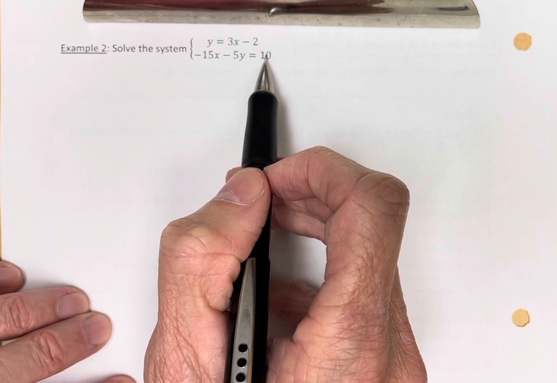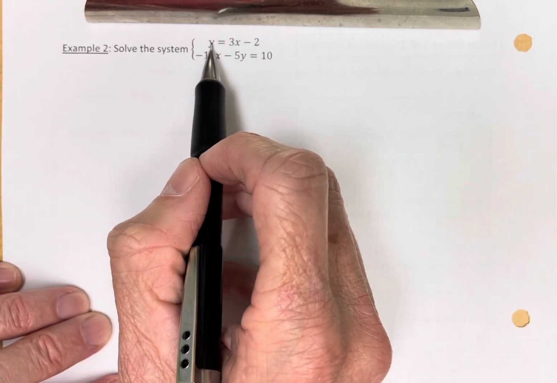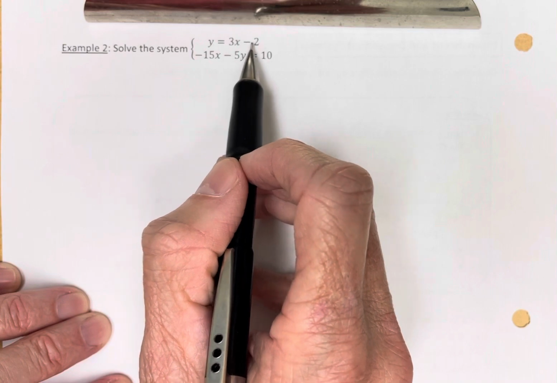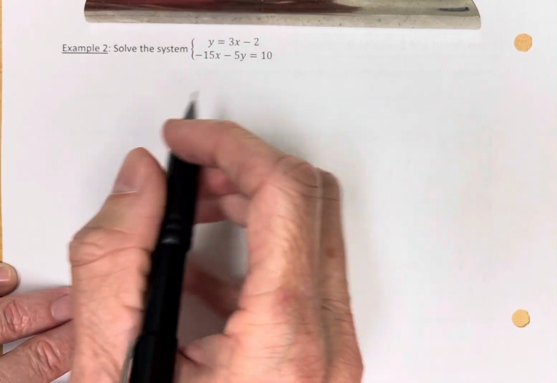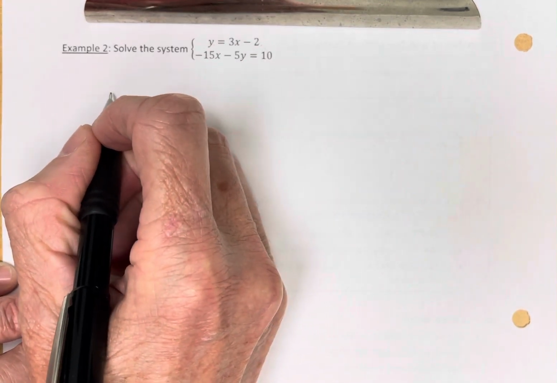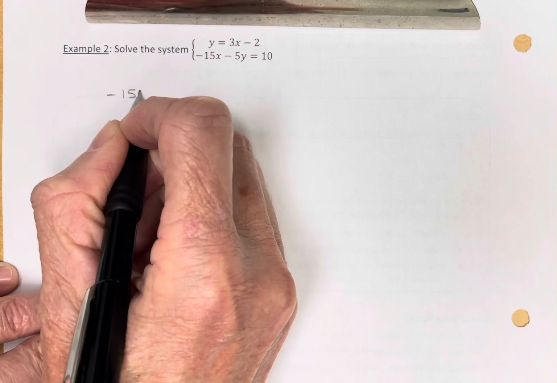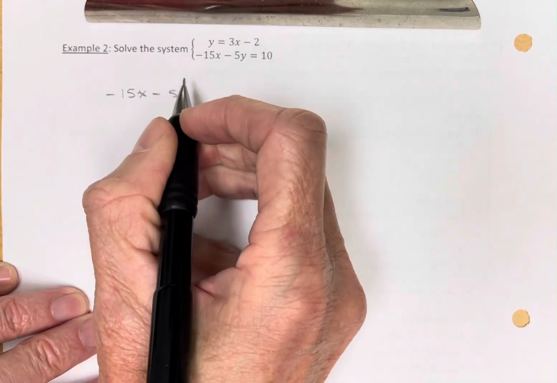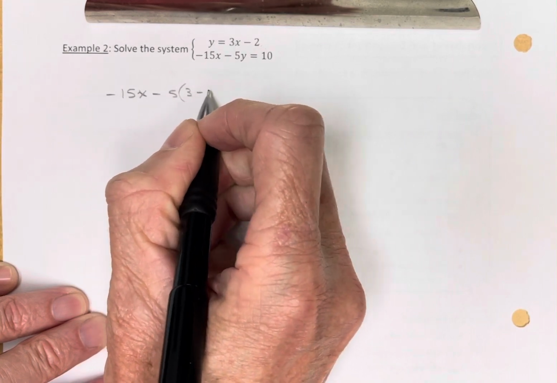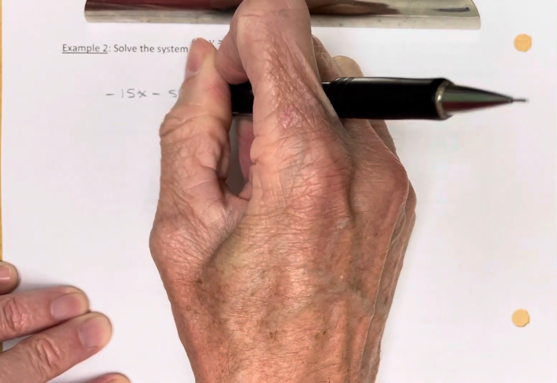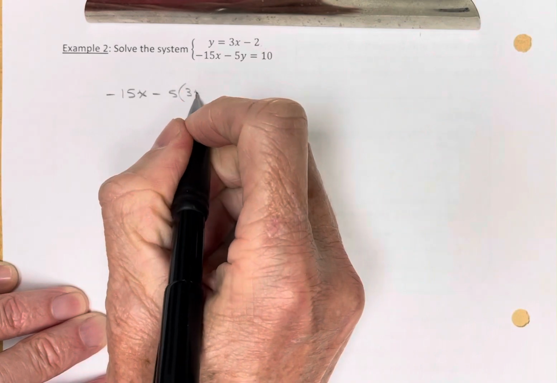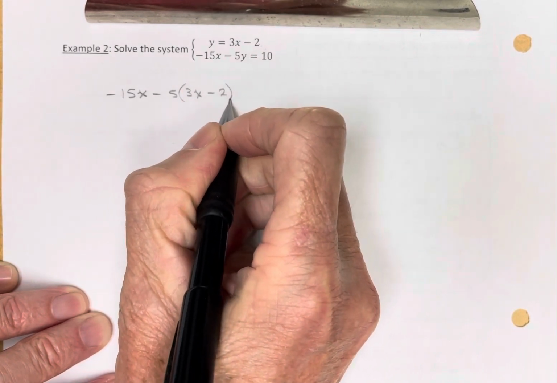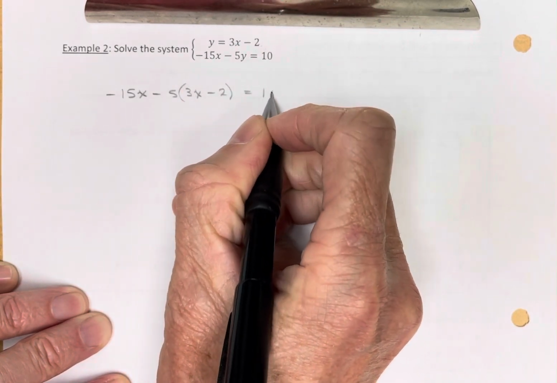So let's use substitution to solve this one. I'm already told that y is this, so let's put 3x minus 2 in for y. Okay, so I'm going to put 3x minus 2 into equation number 2. So it's negative 5 times 3x, whoops, I need an x on that. 3x minus 2, and that equals 10.